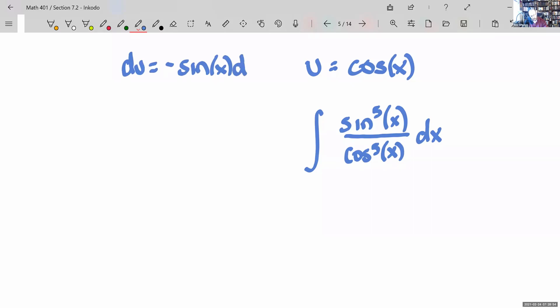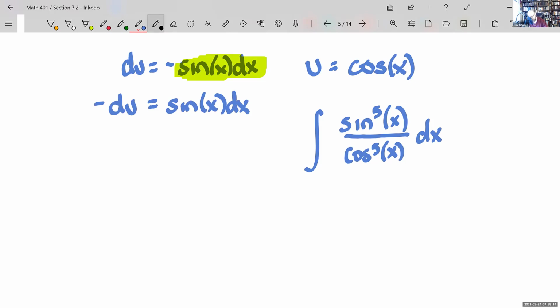It's going to steal away a power off the sines and the dx, and it's going to trade it out for a negative du. That's what this sine of X dx is going to be traded out for. And that, if you did that substitution, really leaves you with a nice integral, actually.